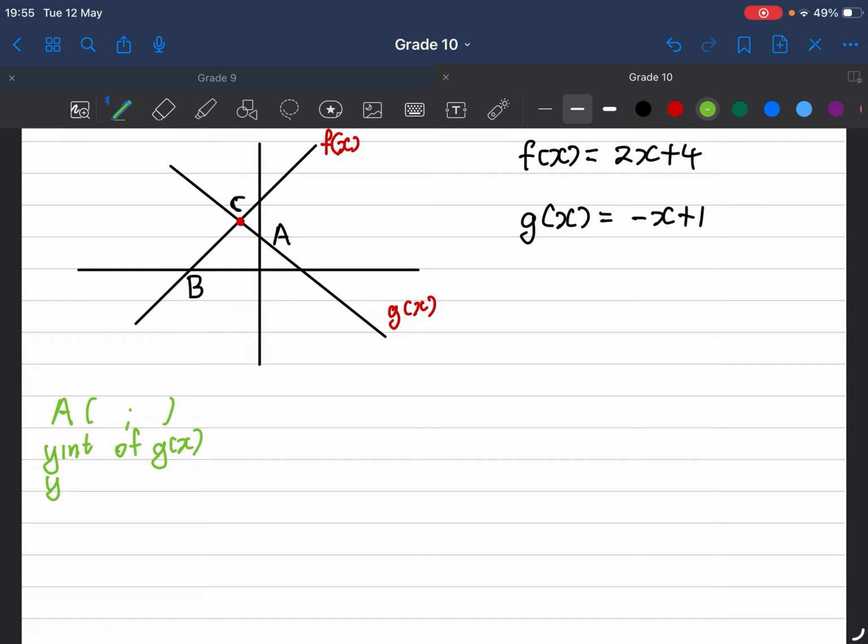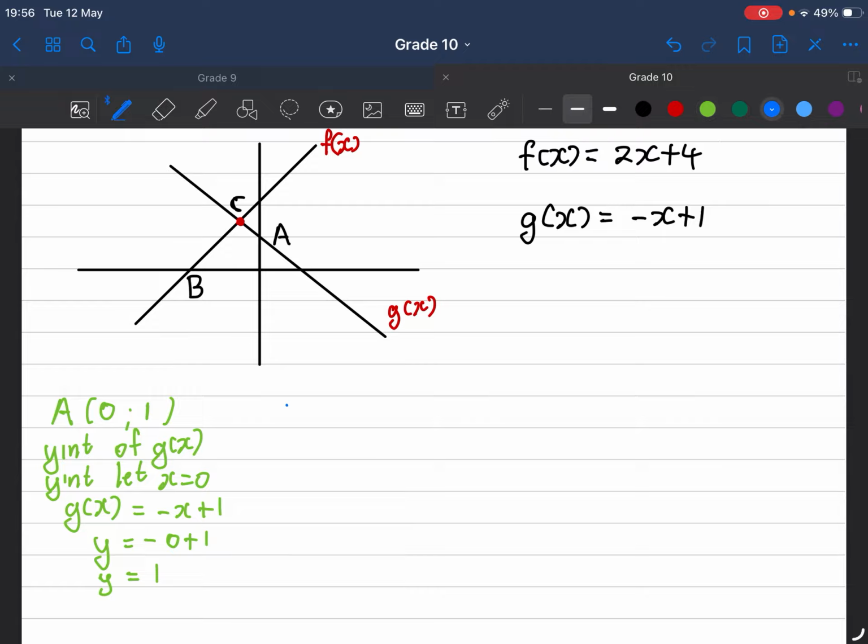So for y-intercept, we let x equal to 0. On which graph? g of x. So g of x is equal to negative x plus 1. So you let x equal to 0, it'll be negative 0 plus 1. So y is equal to 1. So it's going to be 0 and 1.